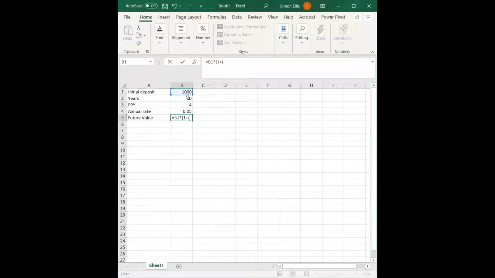We close that parenthesis, and then we take that to the power of, so we'll use our caret, and then parentheses again because it's going to be years times PPY.